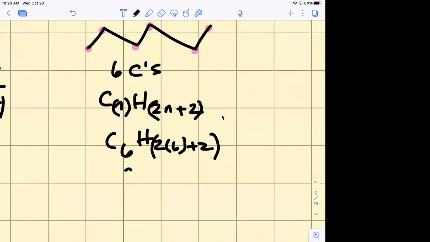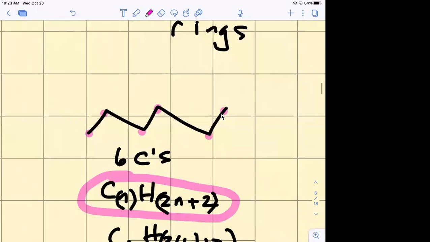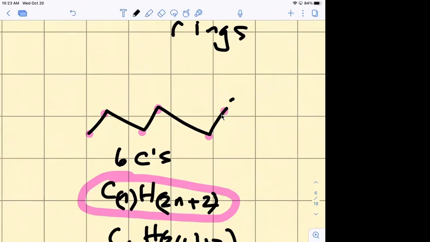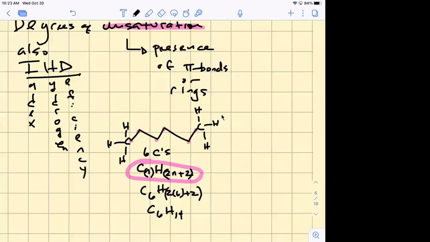So C6H14. This is the way I determine the molecular formula for an alkane, CnH2n+2. On the end of each of these carbons is a CH3, and that's just a regular alkyl chain.